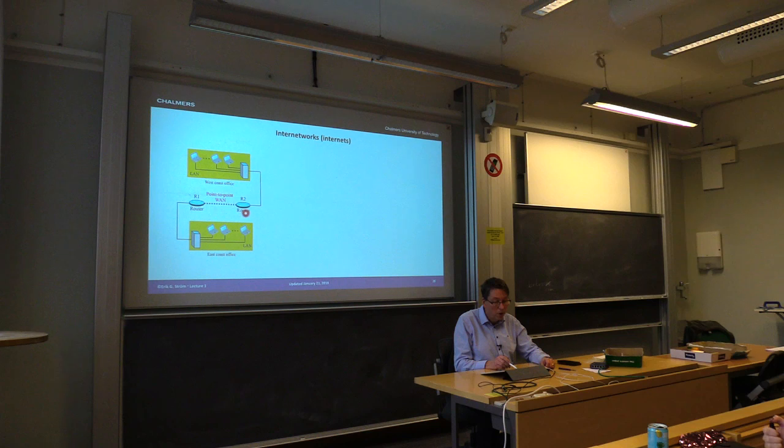We put in a router here and a router here, and then we have an inter-network. Okay? This inter-network consists of one local area network, one local area network, and one wide area network. These networks are interconnected with routers.